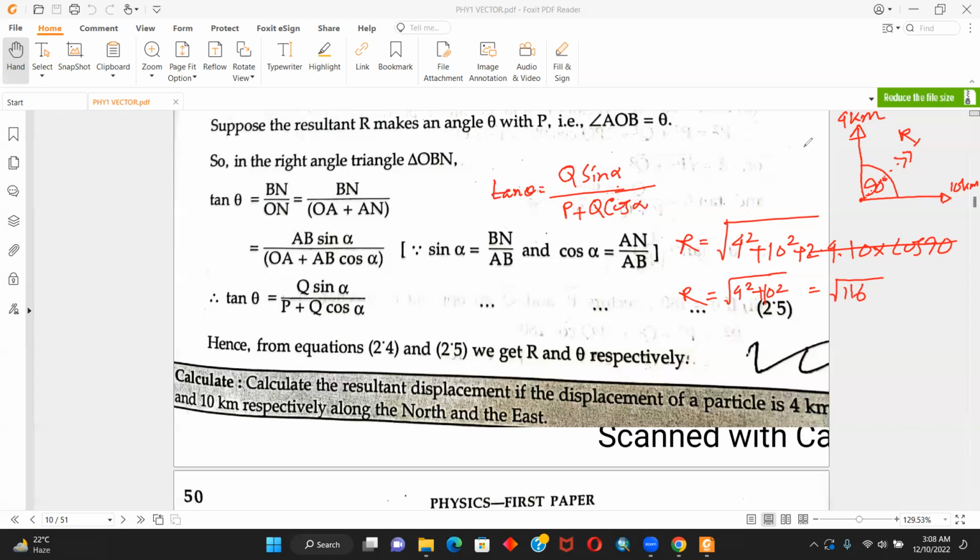Okay, you have to identify what is theta, right? Which vector are you considering the theta? That is really important.